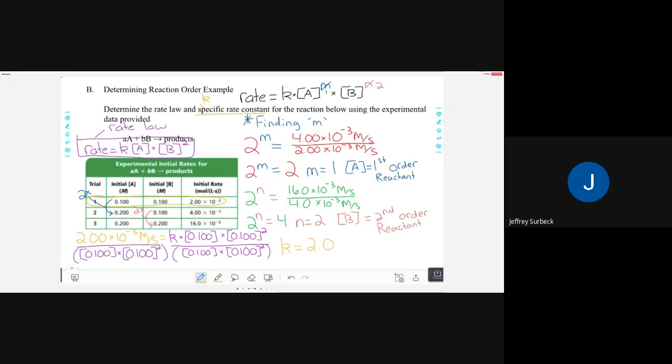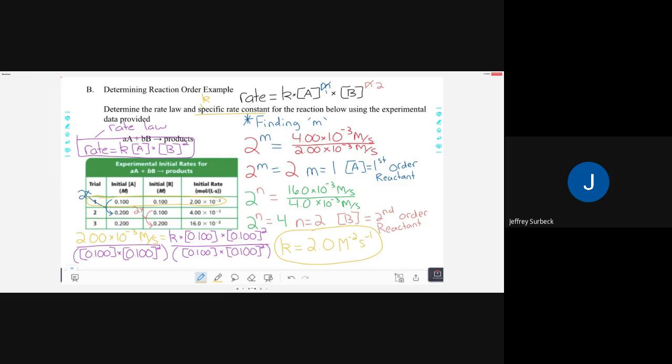So 1 plus 2 is 3. So we're looking for the third overall reaction order. And what's the unit associated with that K? There it is. M to the negative 2, S to the negative 1. And again, I'm going to provide that chart to you, so that way you don't have to worry about knowing what the units of K are.